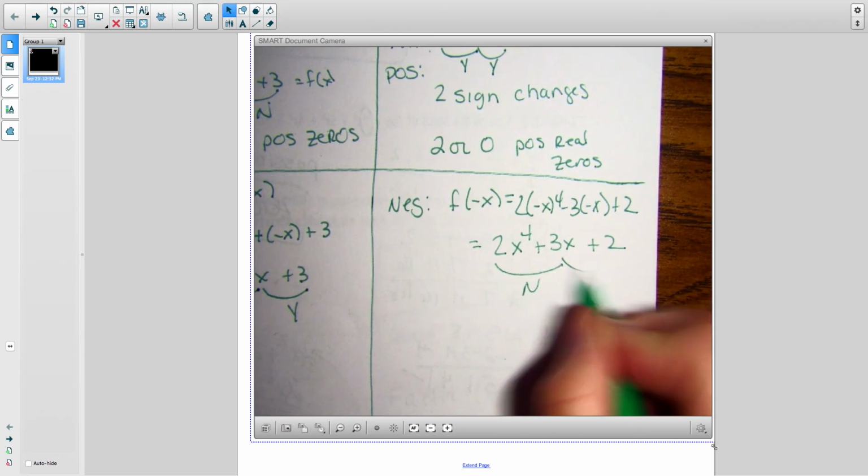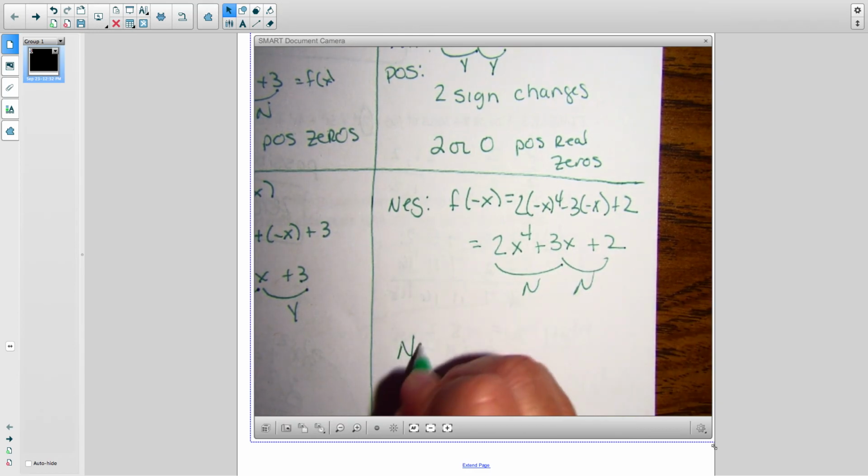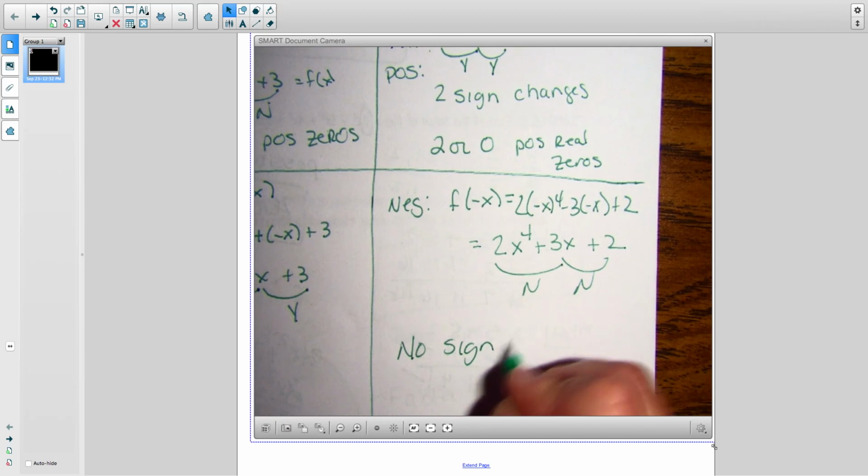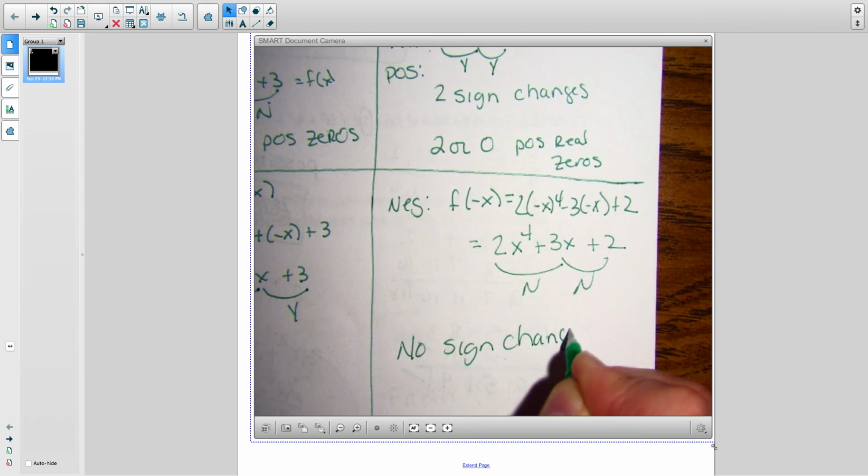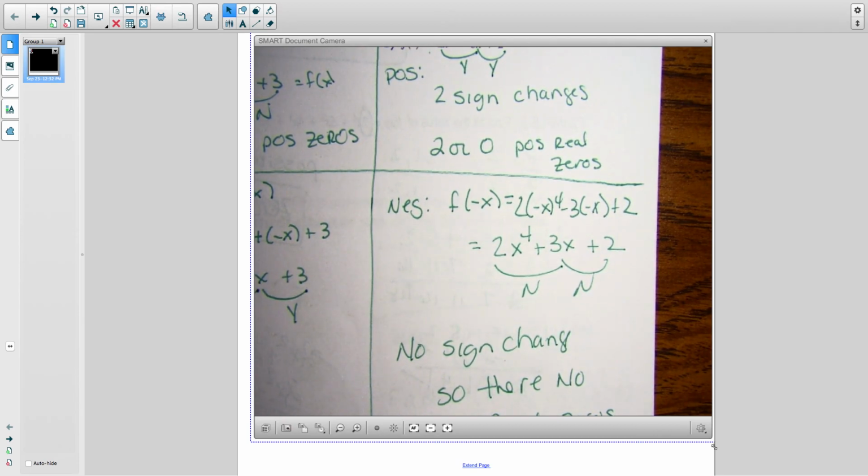Nope. So there are no sign changes, so there are no negative real zeros. All this looks at just real zeros. It doesn't look at complex. Questions there?